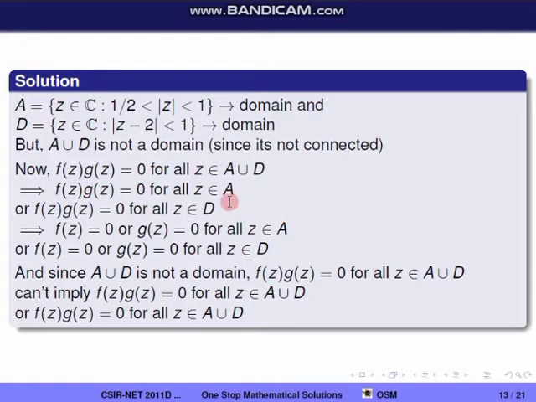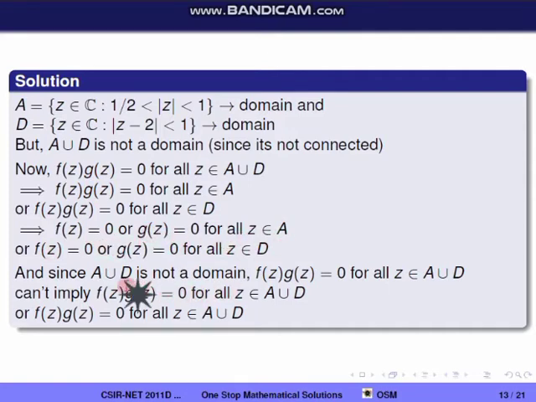Now see that A is a domain and f into g is again a holomorphic function. So the set of holomorphic functions on a domain forms an integral domain. So this implies f of z is equal to 0 or g of z equal to 0 for all z in A. And similarly for z in D, we get f of z equal to 0 or g of z equal to 0 for all z in D.